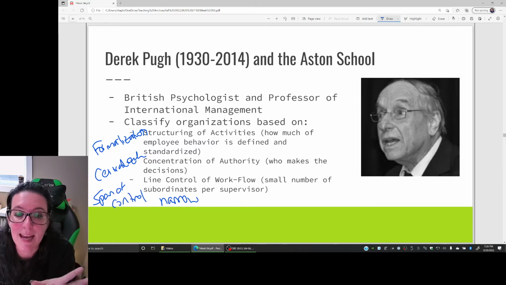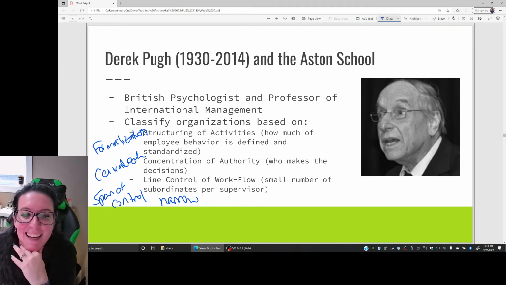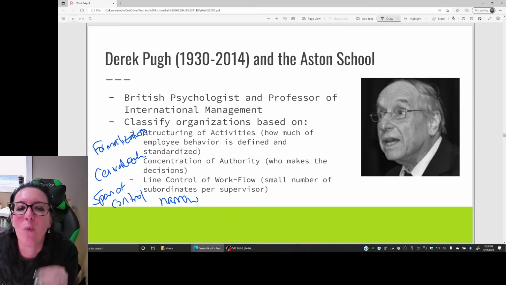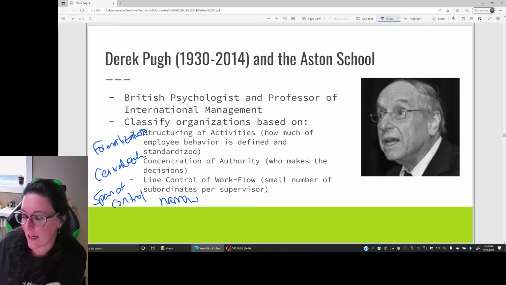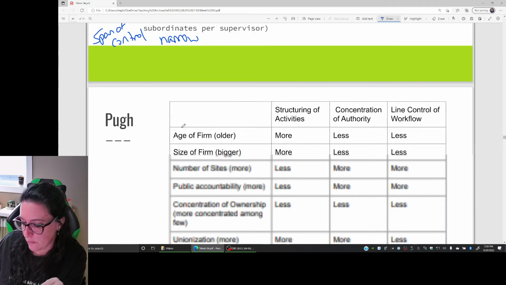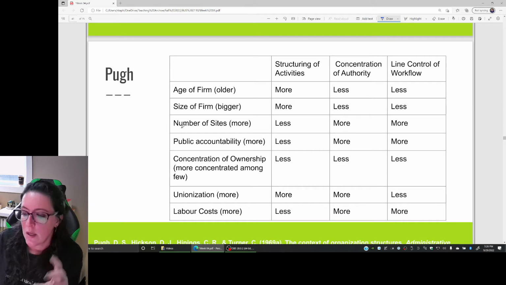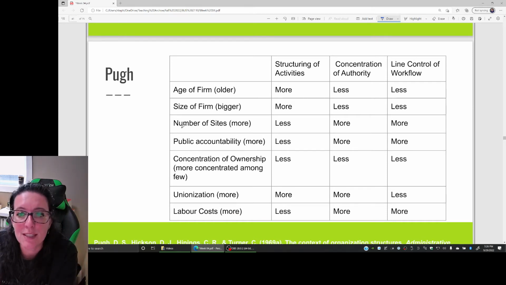Okay, so let's take his work and translate it into what we've been talking about in the previous videos, and what he found in terms of what certain businesses are likely to have in terms of their organizational structure. So Pugh first looked at different characteristics of companies and what they were more likely to have. So structuring of activities, remember that's going to be the formalization.